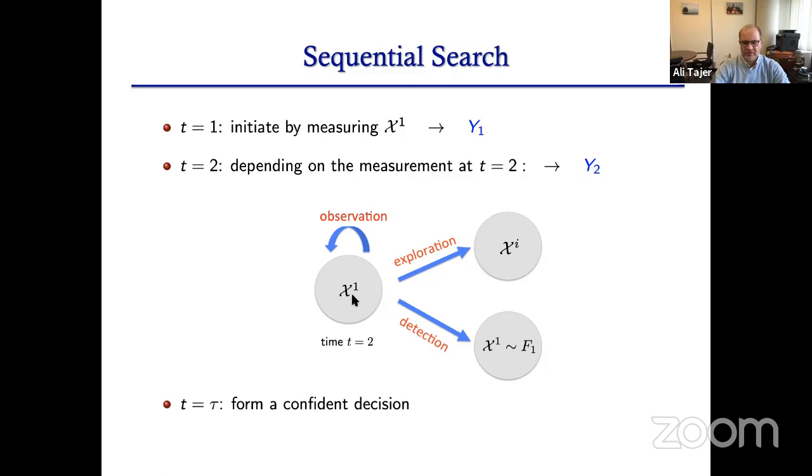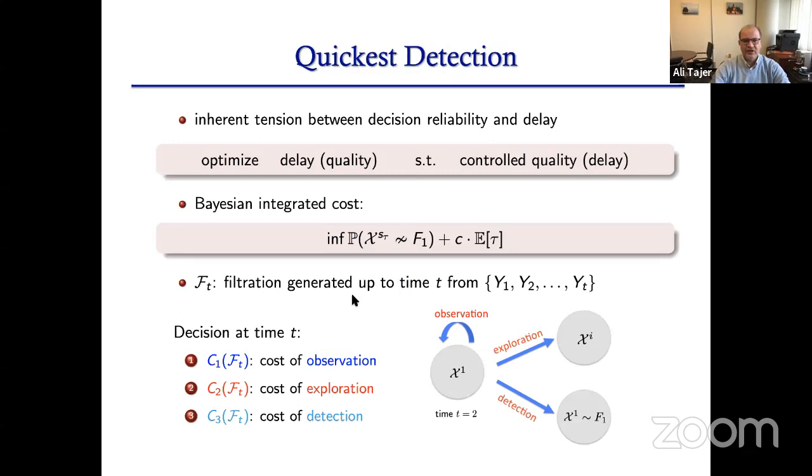Or we could encounter a point in time in which we have sufficient confidence that we can declare exactly where the anomalous points are, and we stop and form a detection decision. Okay, so these are the three decisions that we encounter at every time. Generally, the way that we formulate this problem is that we want to control the quality of the process and we want to optimize the delay, right?